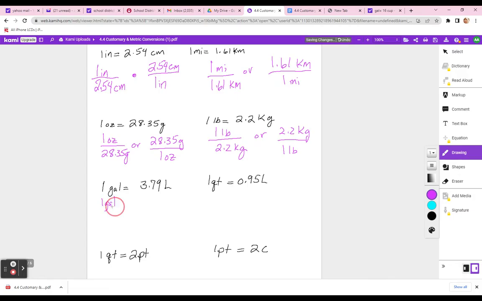1 gallon is 3.79 liters, or 3.79 liters is 1 gallon. 1 quart is 0.95 liters, or 0.95 liters is 1 quart.